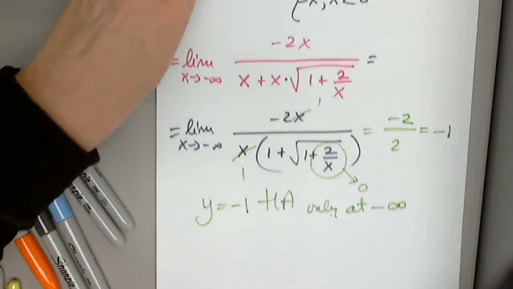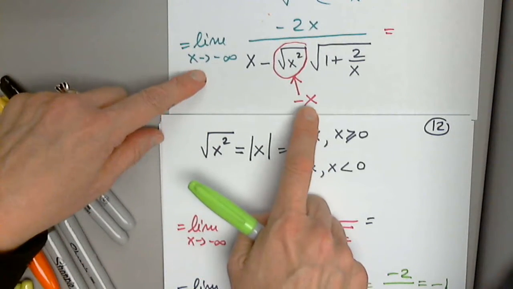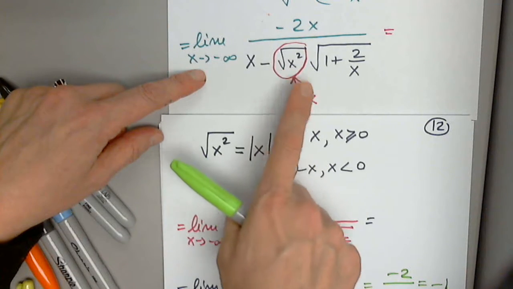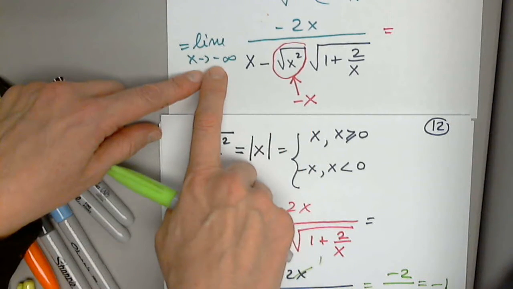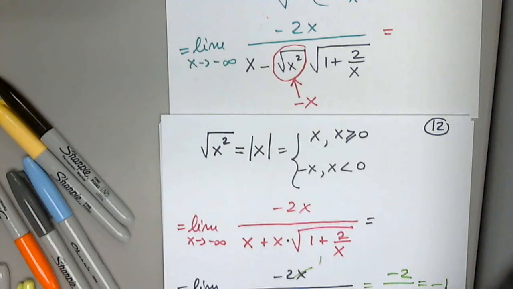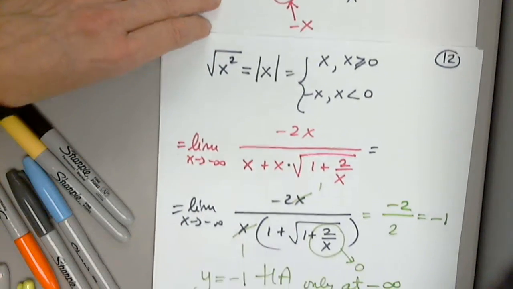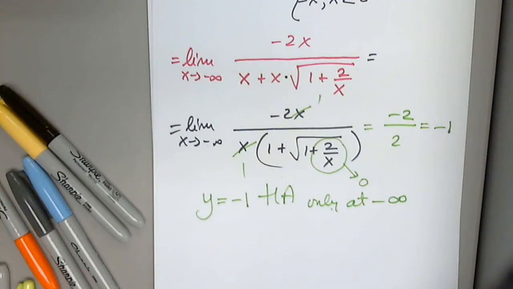We use the fact here to replace the absolute value of x by negative x because x approaches negative infinity. It's guaranteed that this will not be the limit at the other end. And by the way, it doesn't even have a limit at the other end. It's the end. Any questions? This was a long problem.